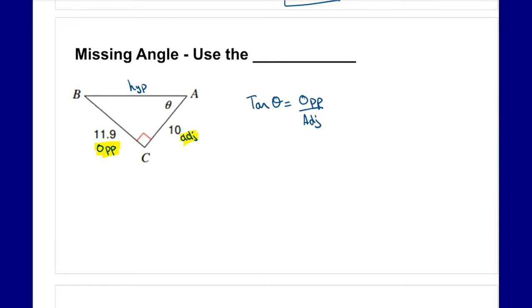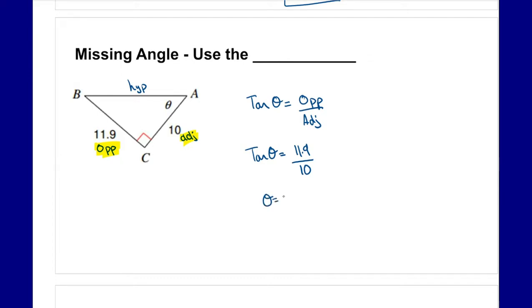We're going to fill in what information we know. I don't know my angle, so I'm going to leave it as tan. Opposite is 11.9 over the adjacent 10. So how do I get theta by itself? How do I get rid of that tan? What do I do? Well, in order to get rid of that tan, we have to move the tan to the other side, or do the opposite of whatever tan is.